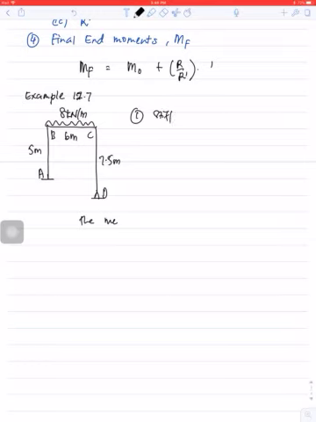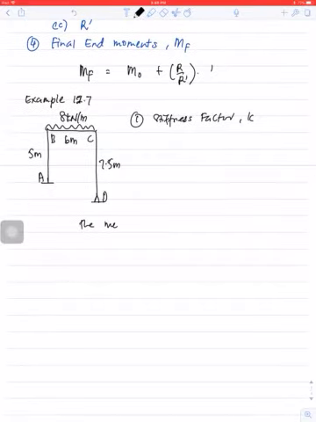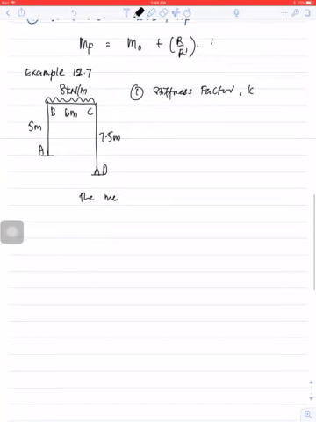We will calculate the stiffness factor K. This stiffness factor will be used to calculate the distribution factor, since we will analyze this frame by using the moment distribution method.